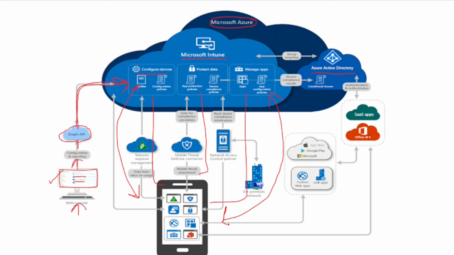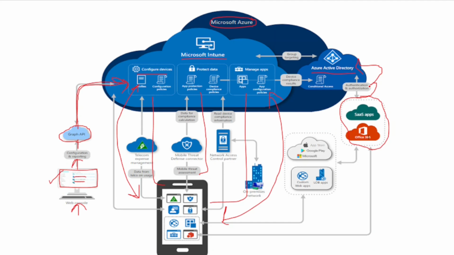Okay, now you can see here that we have a SaaS application or an Office 365 application which is again going to get the authentication or authorization using Azure Active Directory as an identity provider.